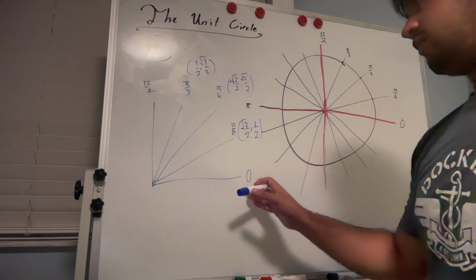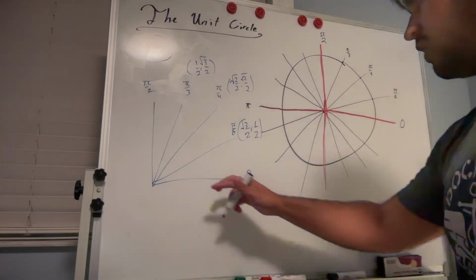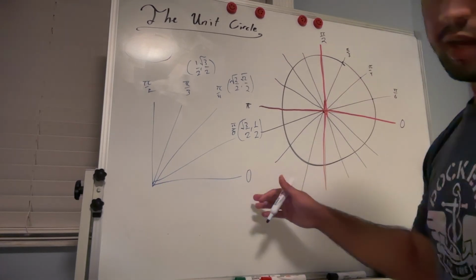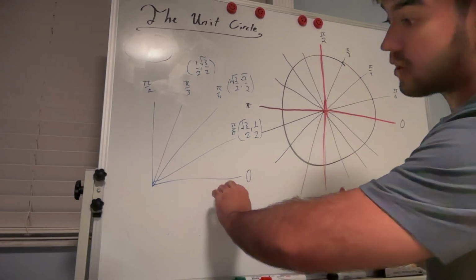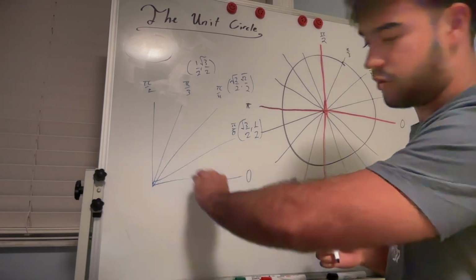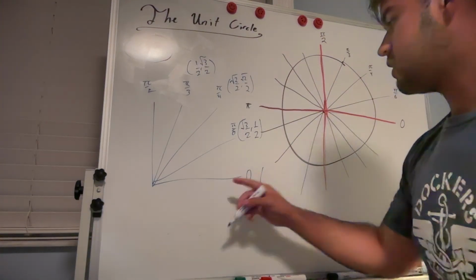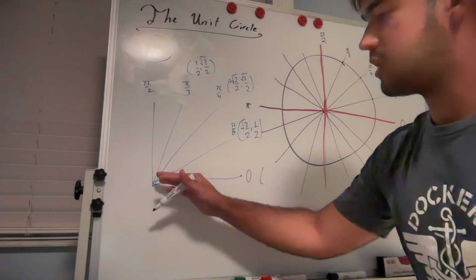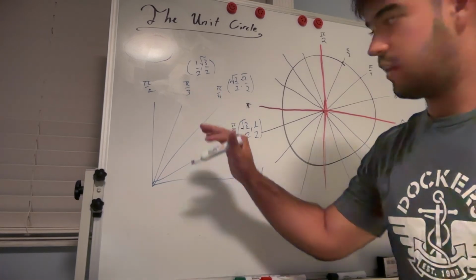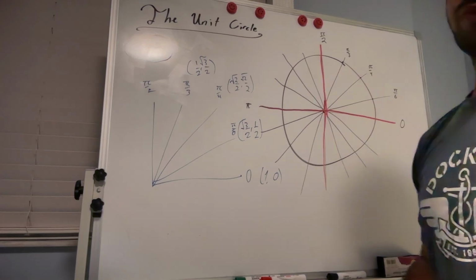Now you're wondering, for 0 and pi over 2, what would be the coordinate points? Well, that's really simple. 0 is a straight line. There's no acute or obtuse angle for 0 radians. So realistically, our points here would just be, because it doesn't go up at all in the y values, 1, 0.